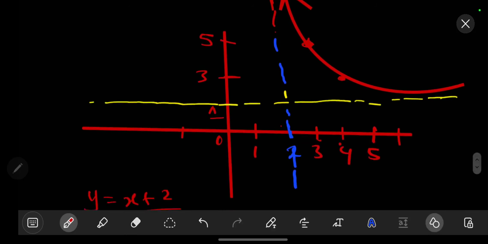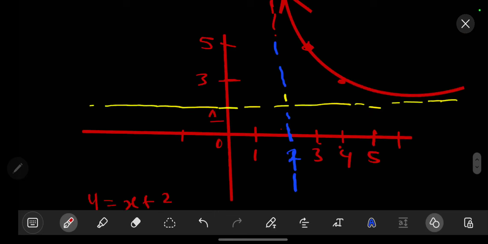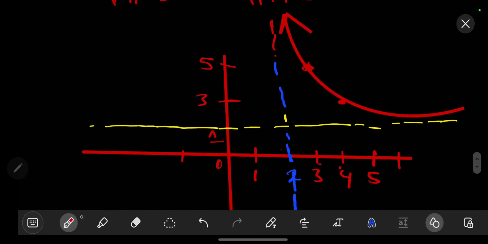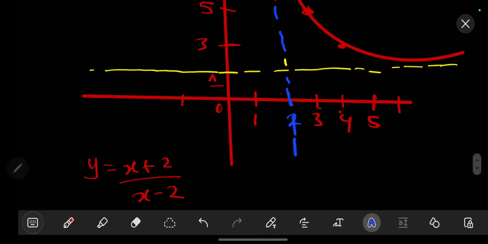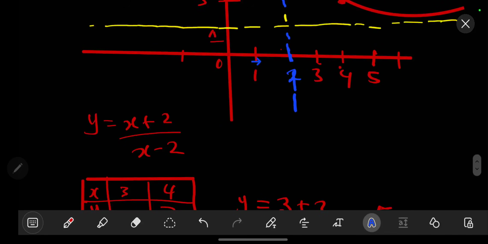From there, we are going to study the behavior of the graph on the left of the vertical asymptote, this line. We are going to use values such as 1 and 0, which are on the left.